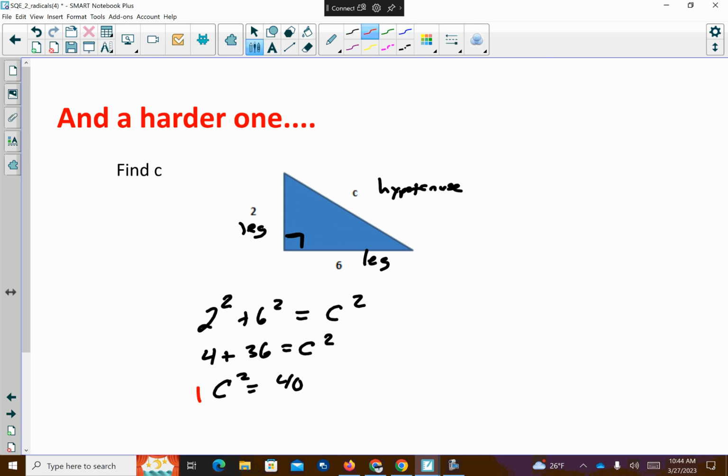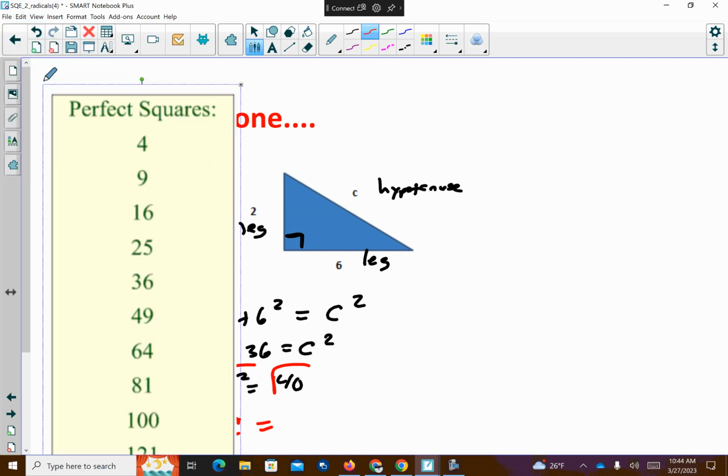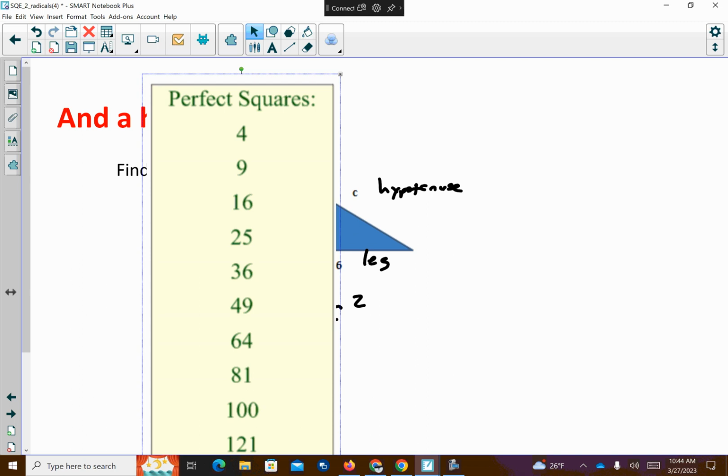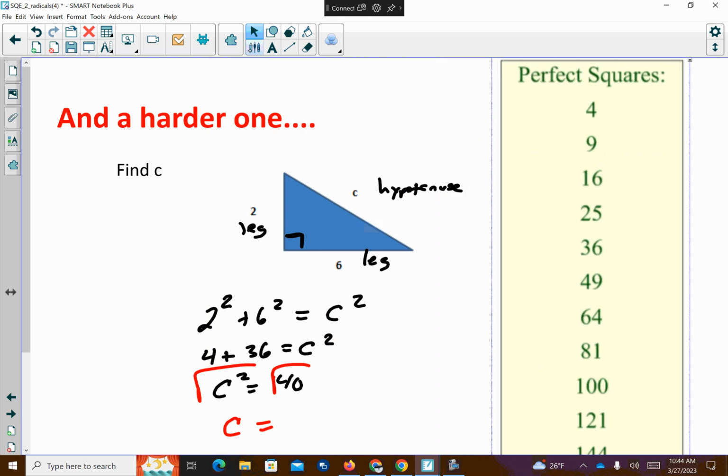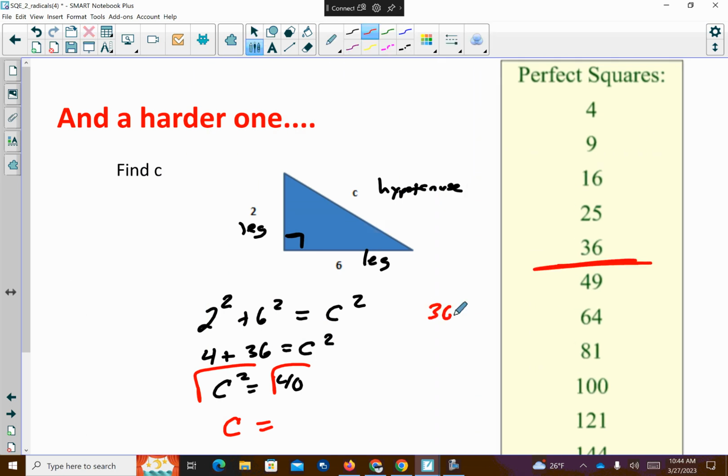In order to undo that, you take the square root of both sides. All right, so let me bring up my perfect squares. 40 is here. So can I go 36 times the number to get 40? Nope. Can I go 25 times the number to get 40? Nope.